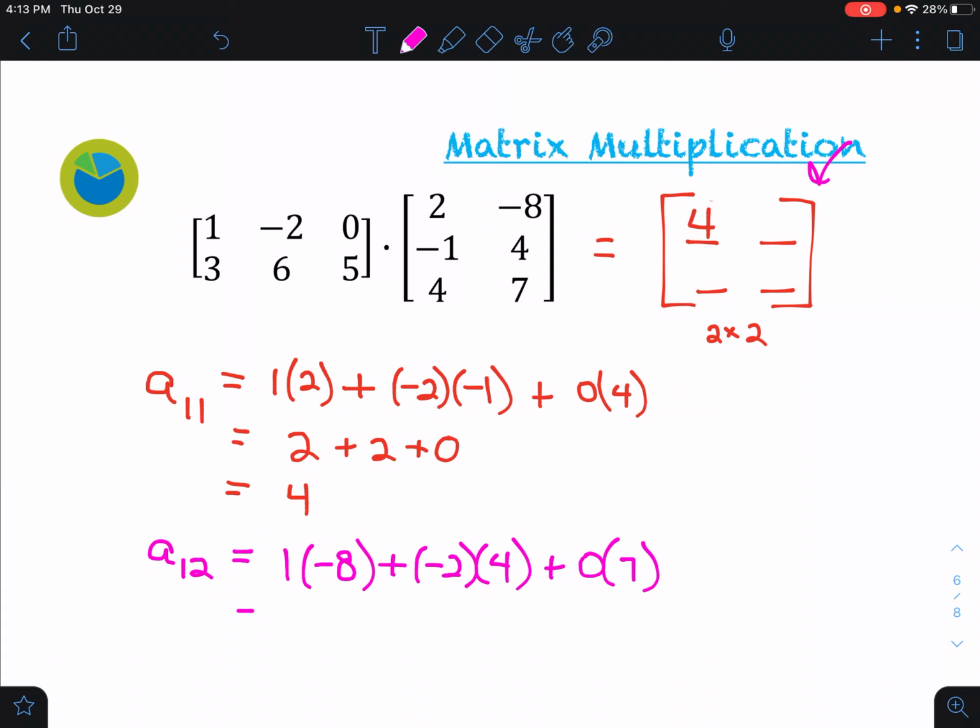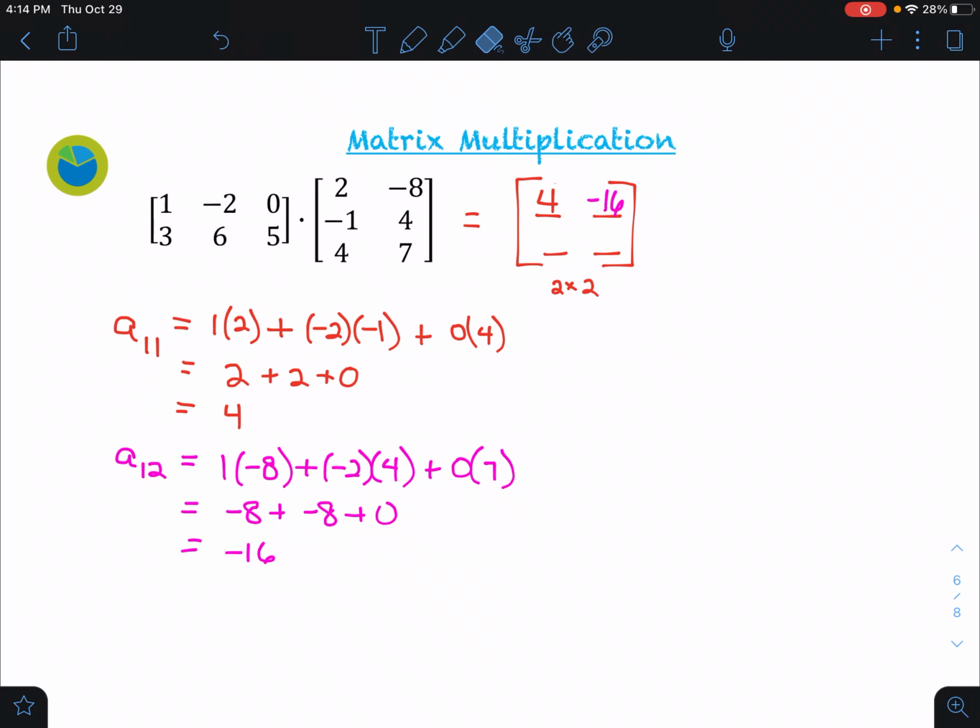Okay, so that would be negative 8 plus negative 8 plus 0, which is negative 16. And that number goes in the 1, 2 spot. So this would be negative 16. All right. Hopefully that's making a little bit of sense to you.